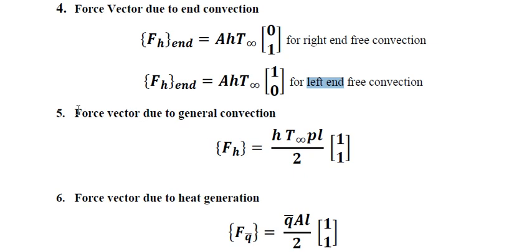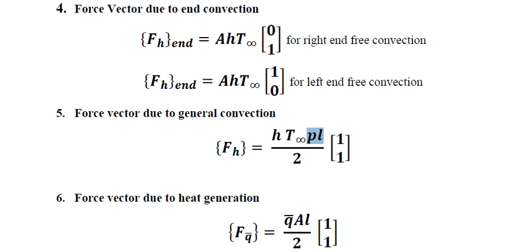Now force vector due to general convection. General convection means surface convection. Surface convection is given as, again it depends on the convective heat transfer coefficient of the material, and it depends on the surrounding temperature T infinity. It depends on the surface area, that is perimeter into length.